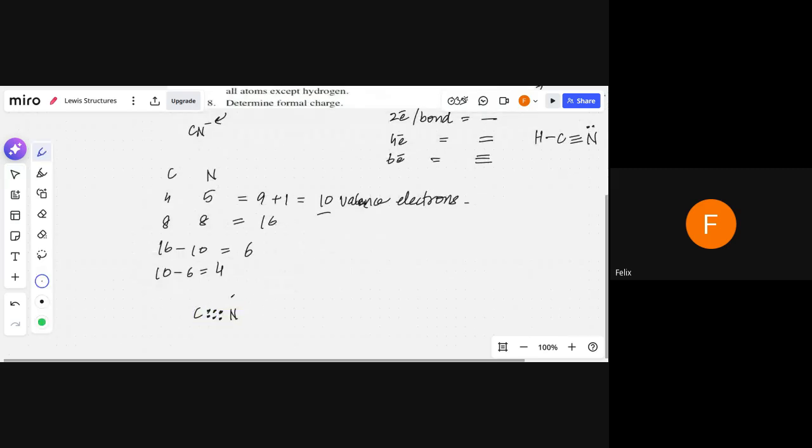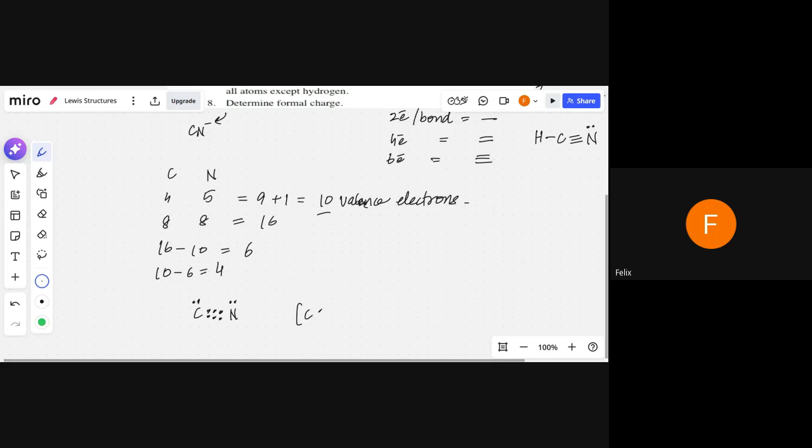This is going to be one on each, right? So 1, 2, 3, 4. Now when we assign one lone pair on carbon and the other one on nitrogen, the octet of both atoms is complete, and that is the Lewis structure.